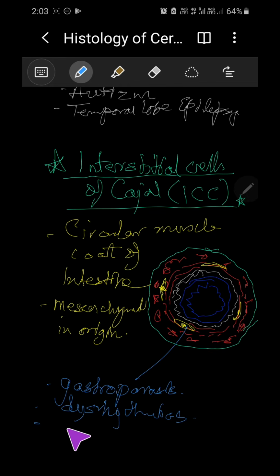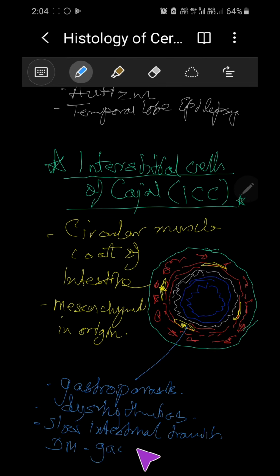Dysrhythmias can be there. Then there can be slow intestinal transit, because of the degeneration of these cells, especially in diabetes mellitus patients, right? Diabetic gastroenteropathy.